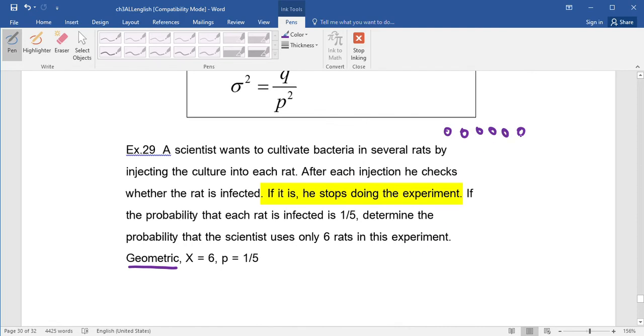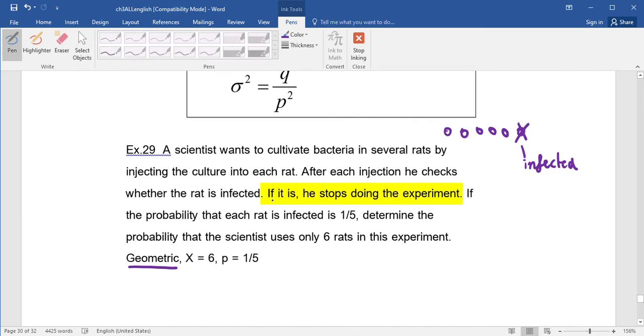If he's going to use 6 rats in the experiment, it means that the 6th rat is a success. Rat number 6 is a success, but the 5 rats earlier are failures. They're not infected. If he's going to use 6 rats, it means the 6th rat is the first rat that is infected.